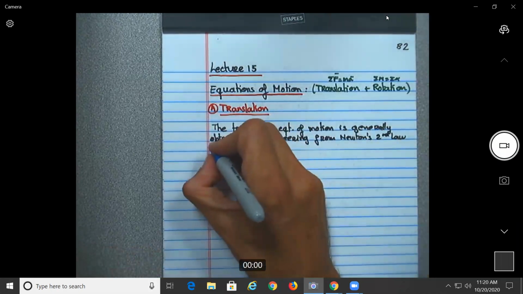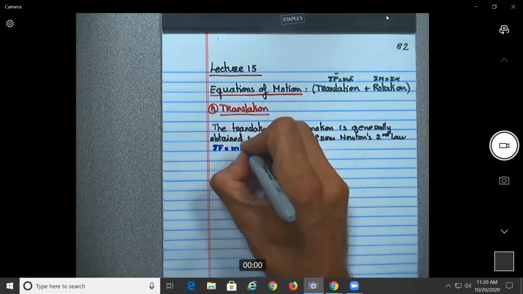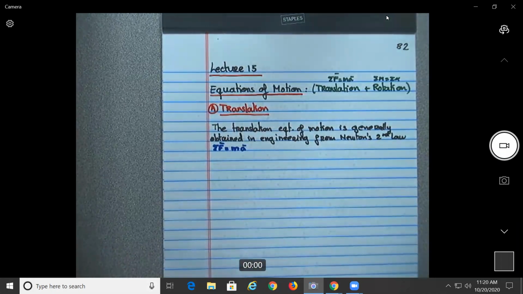We just read it before. Summation of forces equals MA. But actually, this is a simplification, okay?